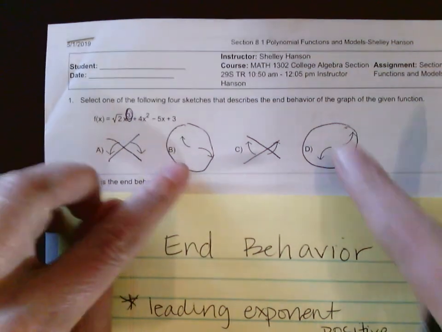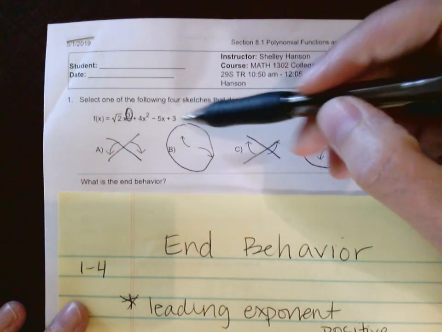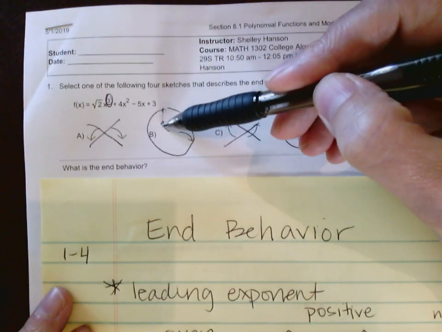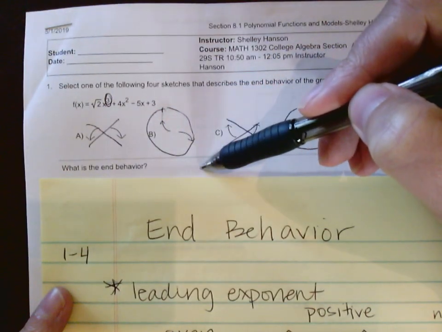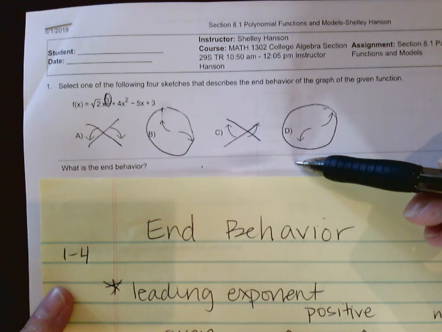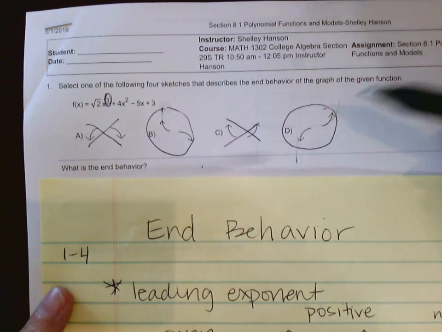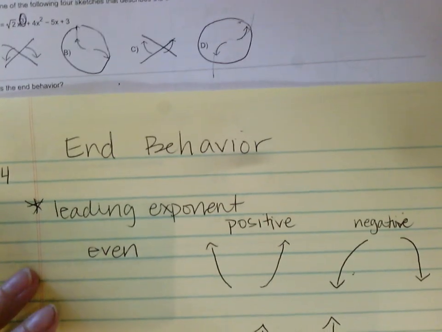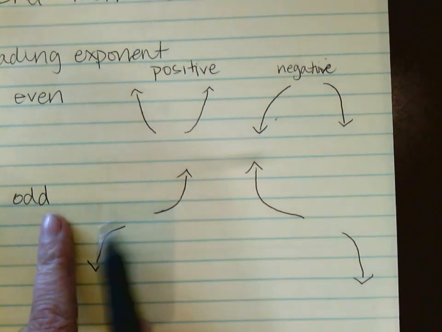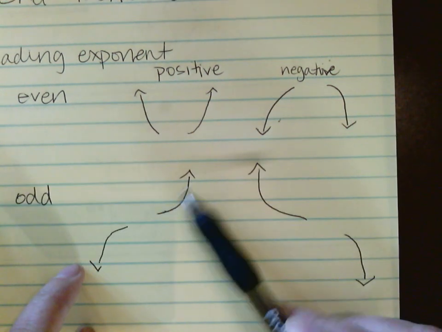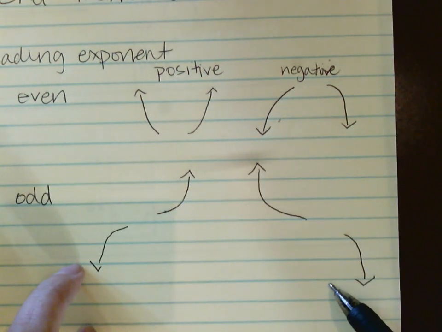So now we have to decide, is the graph going from up to down like that, or going from down to up like this? And that's when you say, okay, so we've narrowed it down. Since it's odd, it's going to be one of these, one going up, one going down. So then we look at the term.